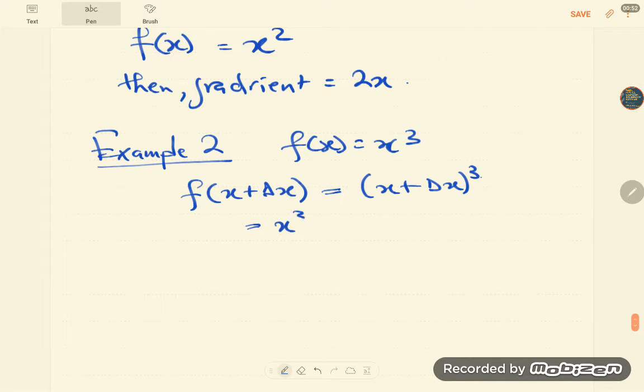I'm just going to do this using Pascal's triangle, which I have in my head, which is 1, 3, 3, 1. It's a bit lengthy.